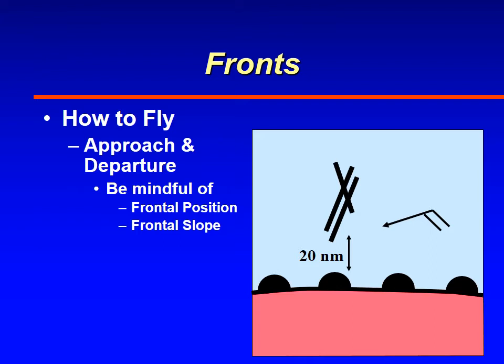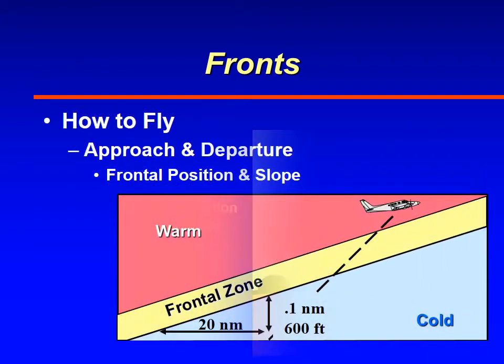But remember, warm fronts slope ahead and over the cold air. So at an altitude above this particular airport, you will find the warm front. And this is a two-dimensional cross-section through the front, showing how close the front is. It's 20 nautical miles south of the airport.